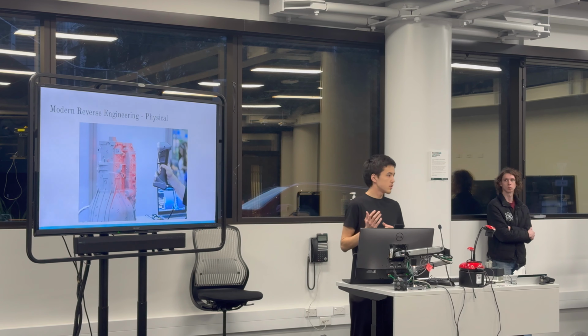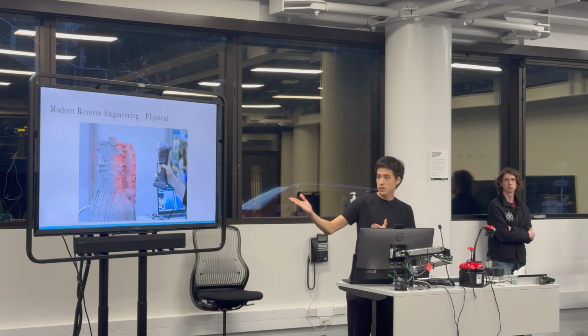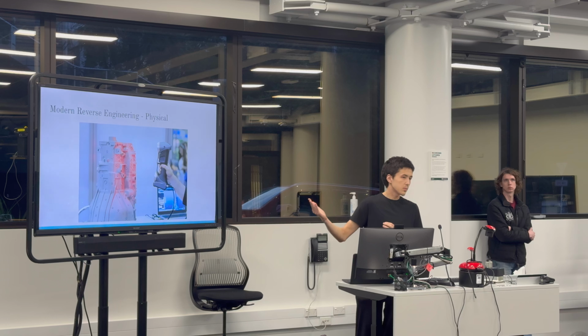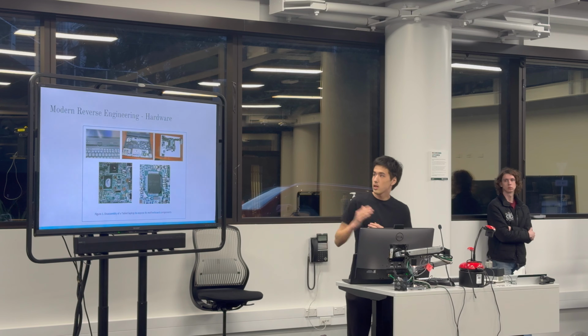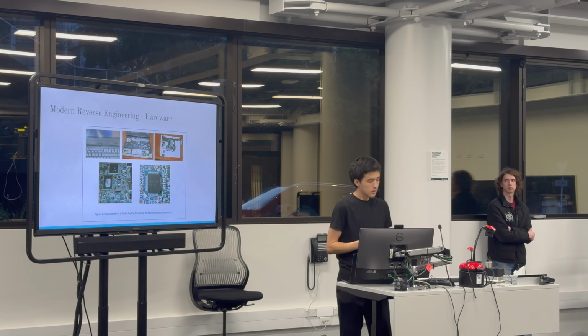I want to introduce you to the different fields in reverse engineering. Modern reverse engineering includes things like reverse engineering 3D printed goods. It's kind of like what the Romans were doing. We also have hardware reverse engineering, which is specifically electronic components, like computers or basically any IoT device like the routers up there, TV screen, your phone.